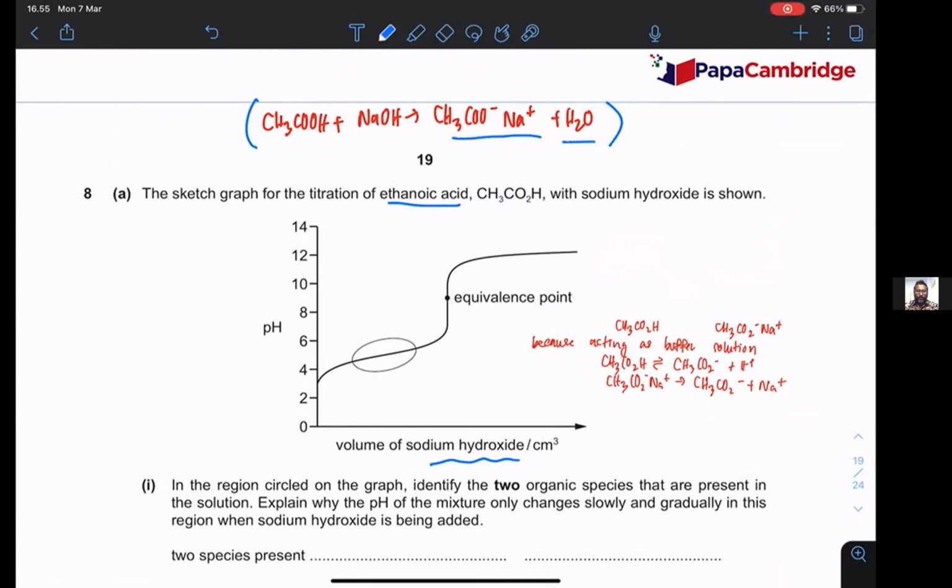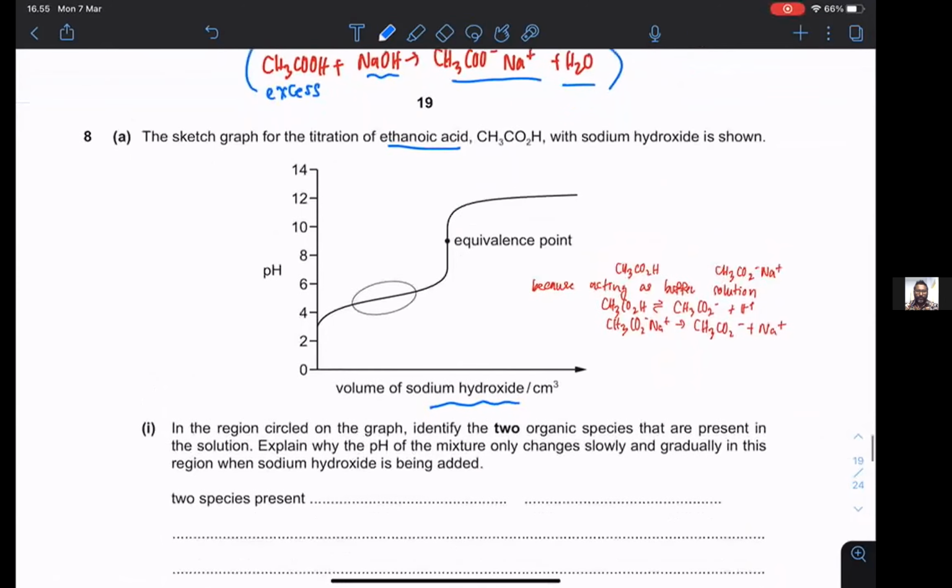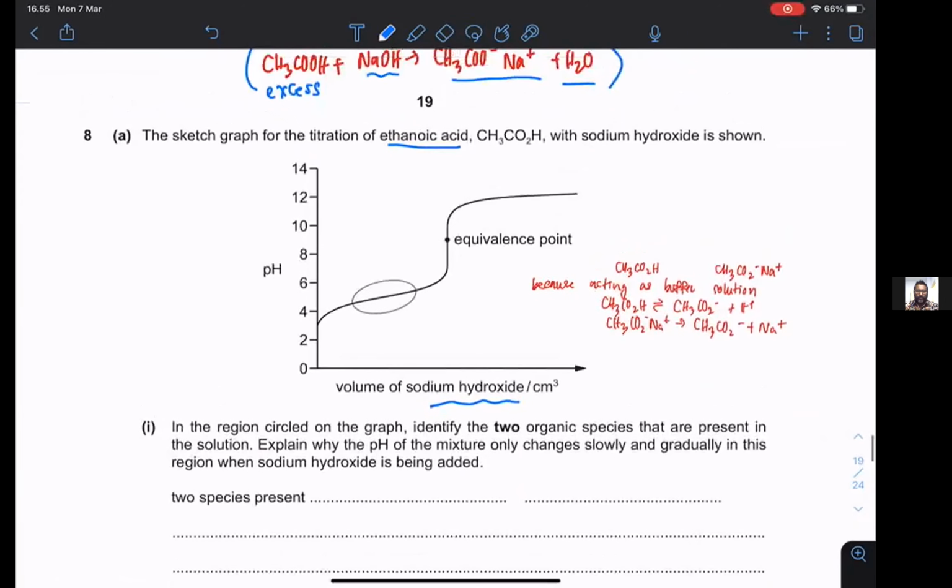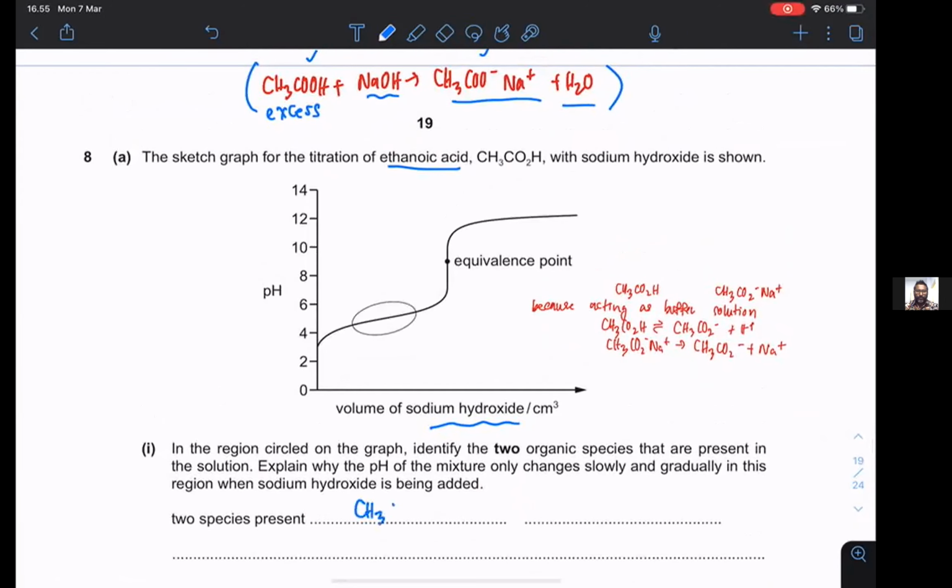So the sodium ethanoate is being formed. As sodium hydroxide is being added, they are completely reacting, so the ethanoic acid is going to be in excess. You are going to get 2 types of organic compound over there, which are ethanoic acid and sodium ethanoate. So those are the 2 species that are going to be present.